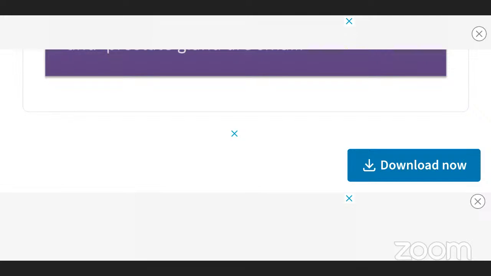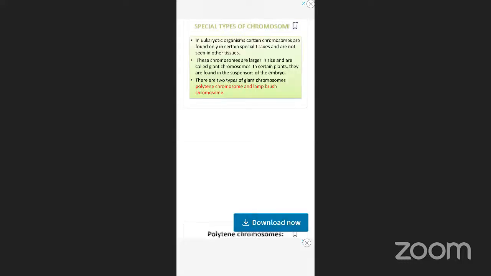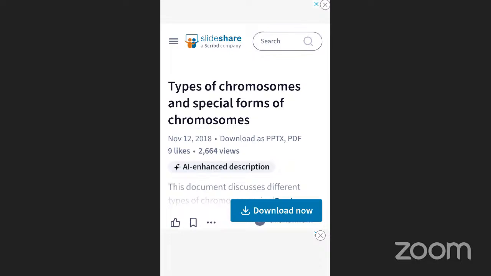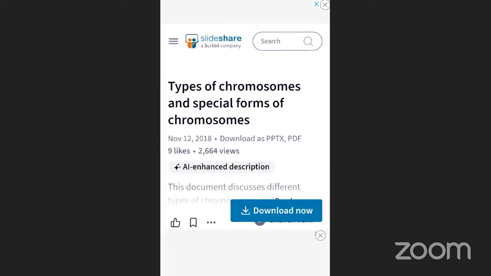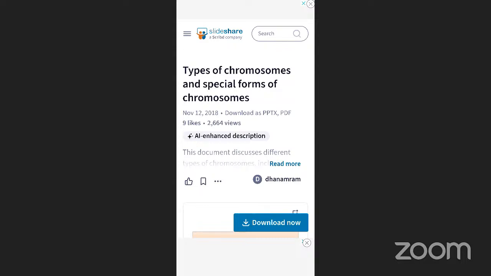The main chemical components of the chromosomes are DNA and RNA and some proteins.